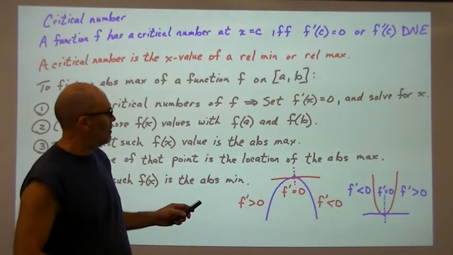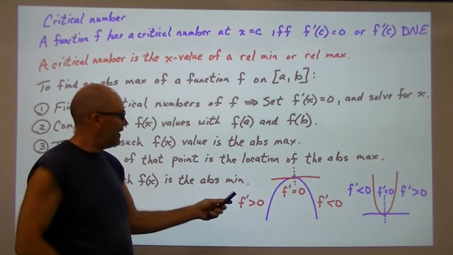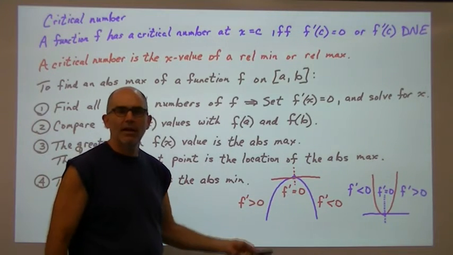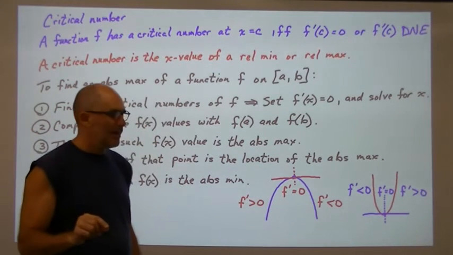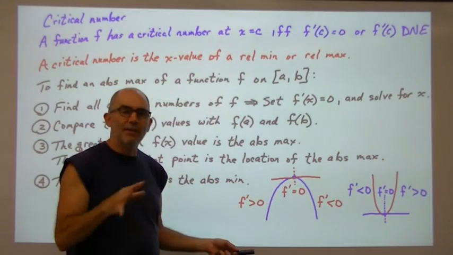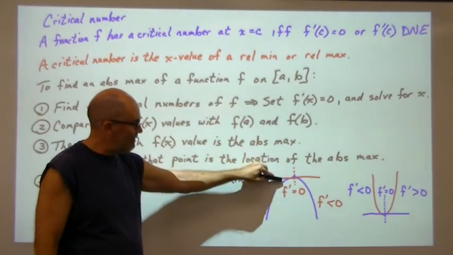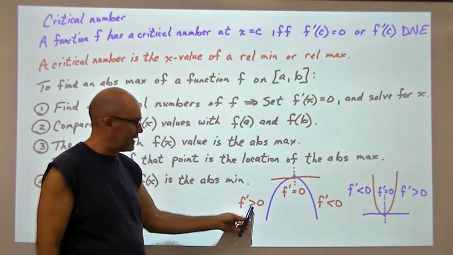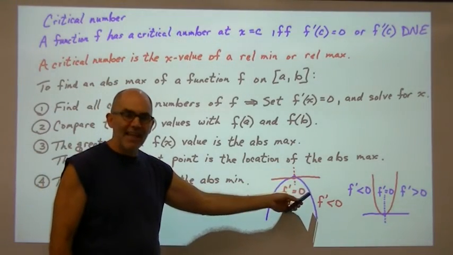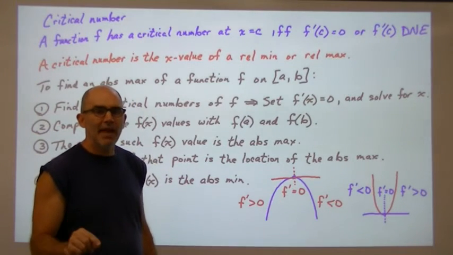Now, I want to give you a little preview of coming attractions. An absolute max, or a relative max, this is going to be the point where the derivative equals 0. Now, how do we know if the derivative is 0, if that's a max or a min? If I go slightly to the left of that and the derivative is positive, then I go slightly to the right of that and the derivative is negative, then that says for sure I have a max.